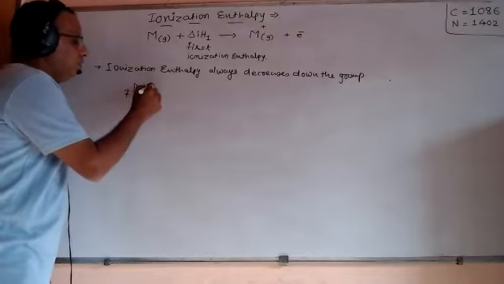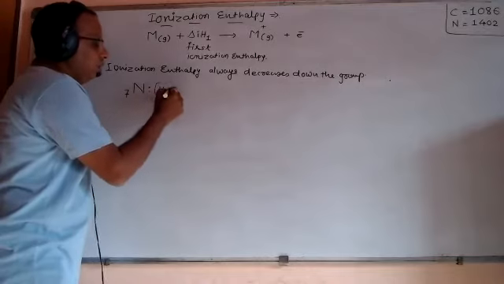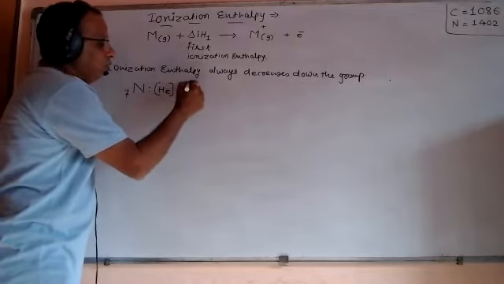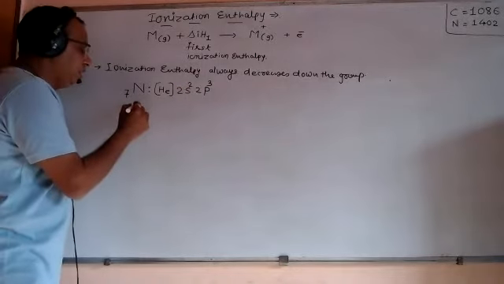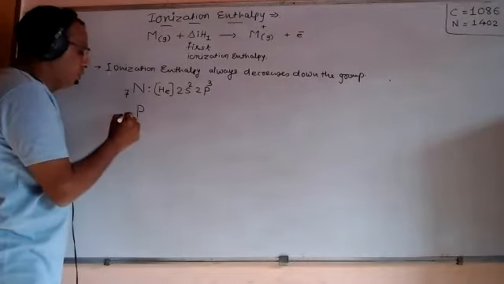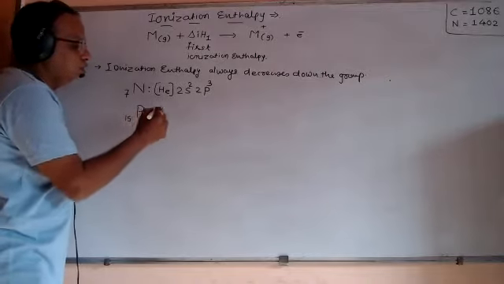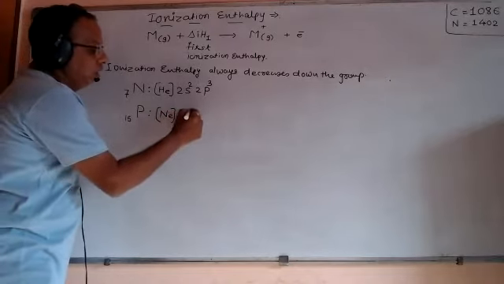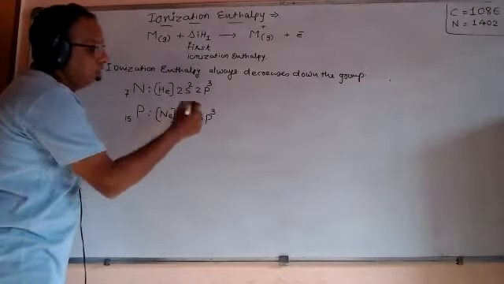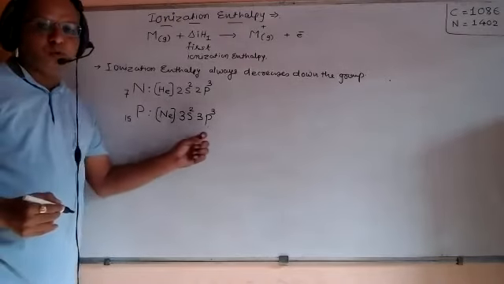If we consider the first element, nitrogen, its electronic configuration is helium 2s2 2p3. And friends, phosphorus is the second member, atomic number 15, group number 15, neon 3s2 3p3. In arsenic, it will be 4s2 4p3.